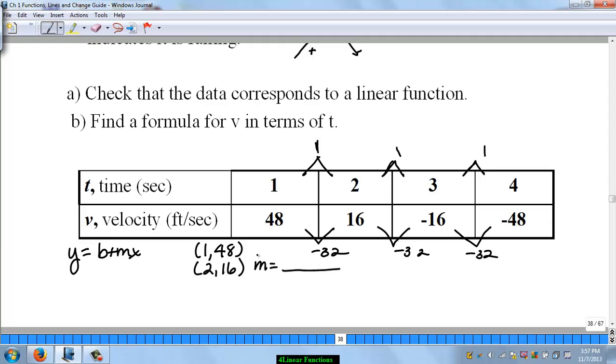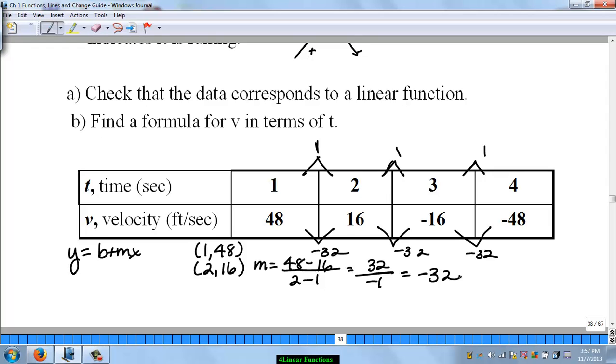So if I do the slope, I have 48 minus 16 over 2 minus 1. Wait, that really comes out to be 32 over negative 1, or negative 32. So our slope is negative 32.